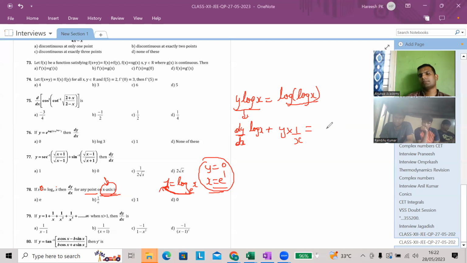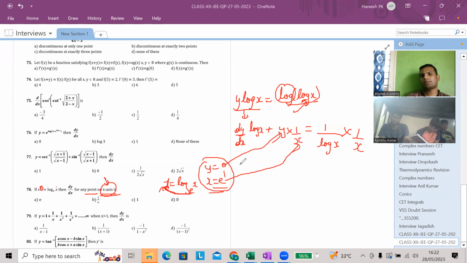And on this side, derivative of log is 1 by log x, into derivative of log x. How much is the derivative of log x? 1 by x. And now put y as 0 and x as e.